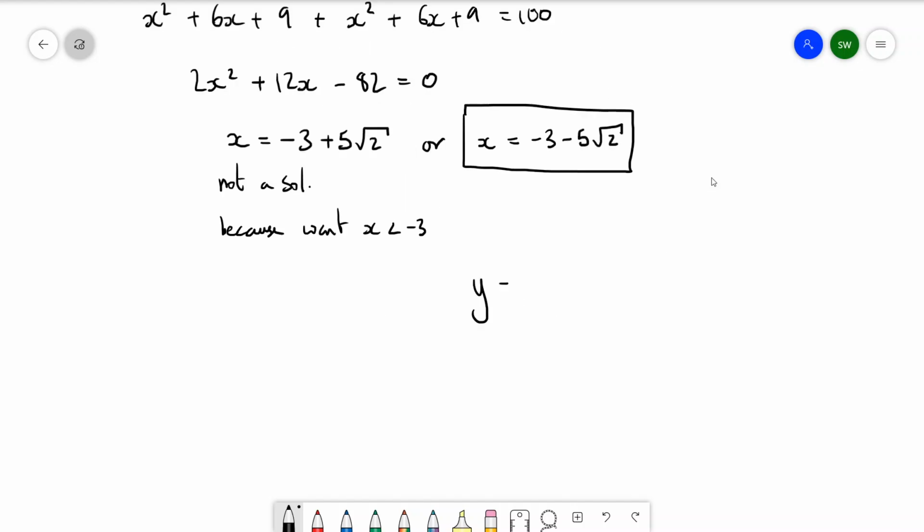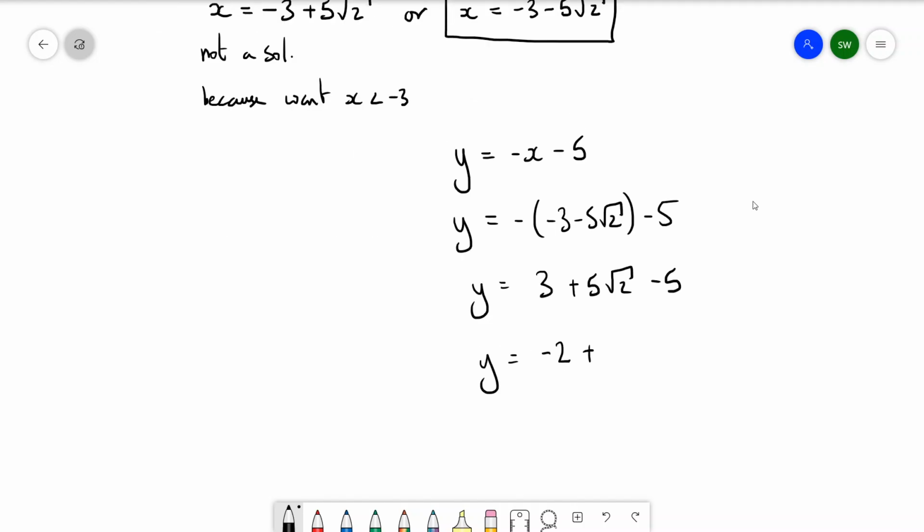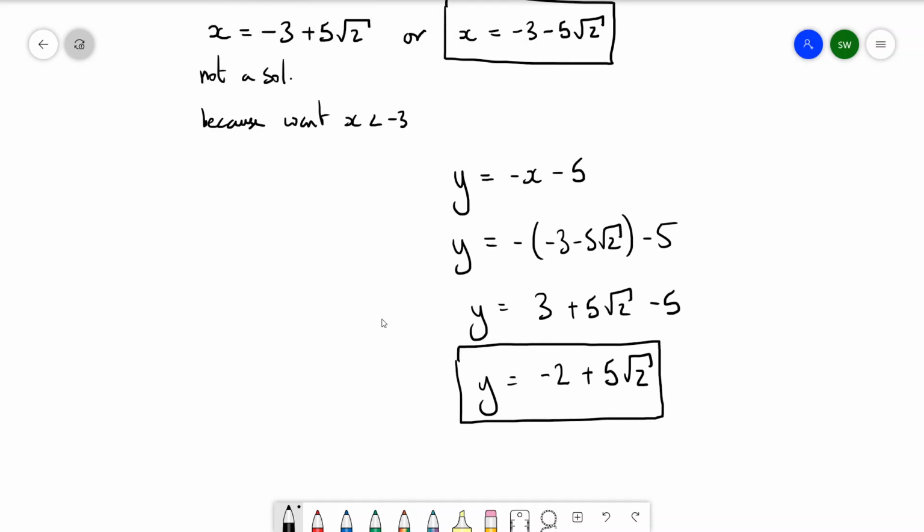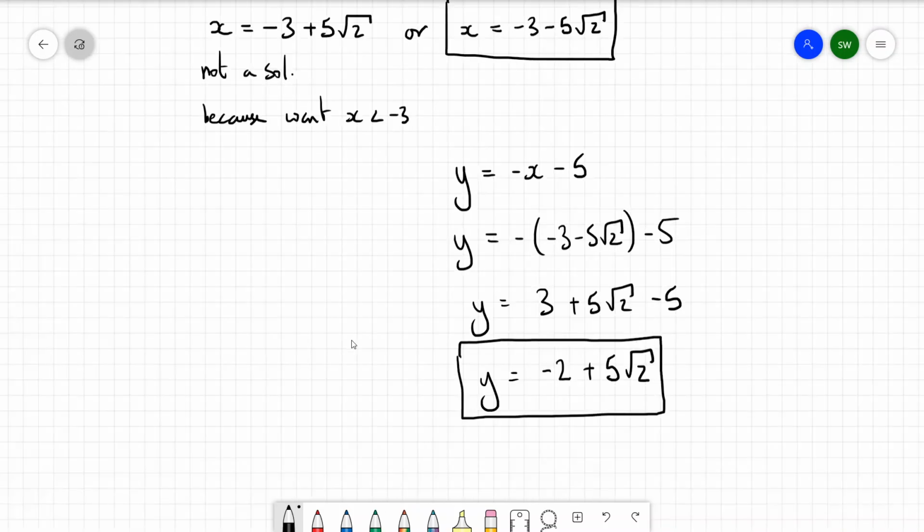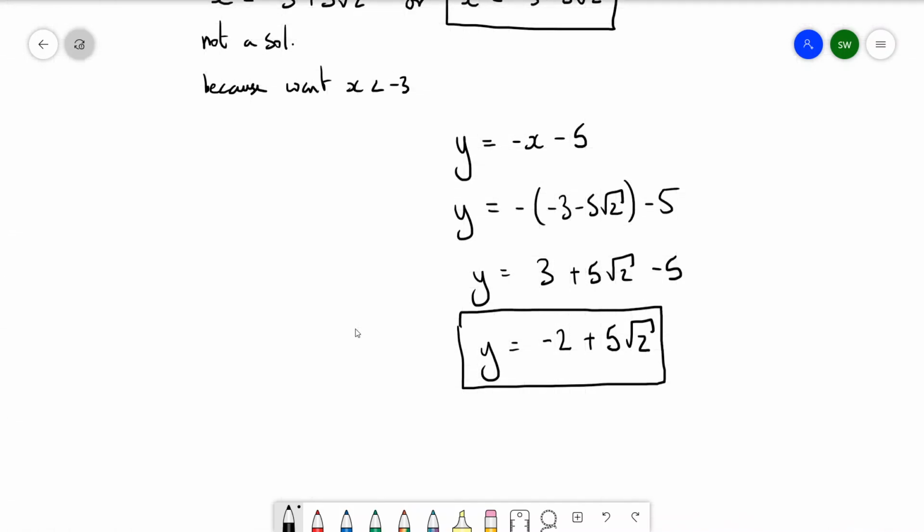And then finally we use the equation y equals minus x minus 5 to find out what y is. So y equals minus 2 plus 5 root 2. So remember, we were asked in the question for what complex number z satisfies this. We're not quite done, because we know that z, the complex number, is x plus iy.